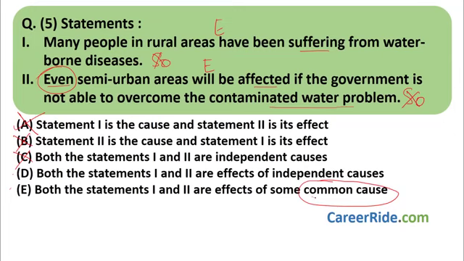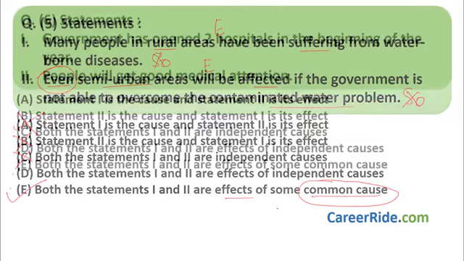That means it has a common cause. So the answer is E. There is no independent cause over here. There are not two different independent causes. The locations might be different, rural and semi-urban areas, but the problem is the same: waterborne diseases and the contaminated water problem. So there is some common cause and both of them are effects of that. So the answer is E.